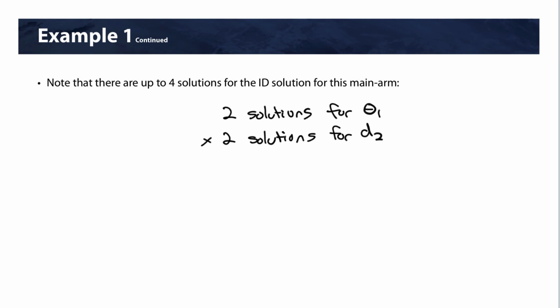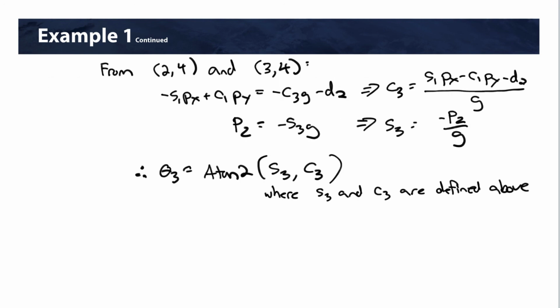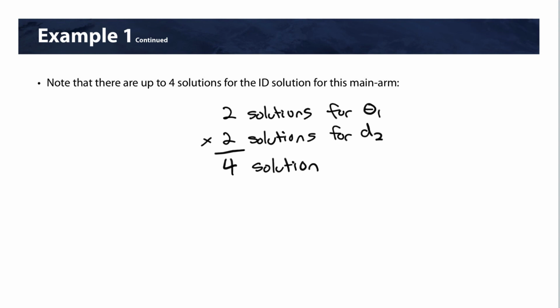In terms of total number of solutions, you multiply these together, so there are 4 solutions, because for each theta 1 solution there are 2 possible D2 solutions. Once you choose the theta 1 and D2 solution, theta 3 simply comes out from our equation here. But overall, there are 4 possible solutions for the inverse displacement problem.